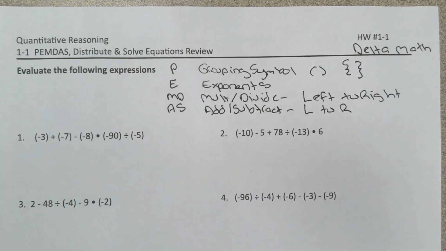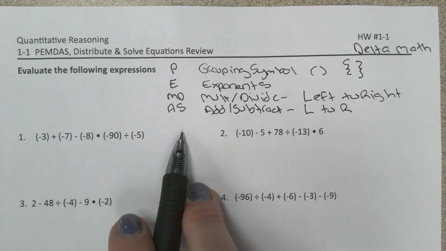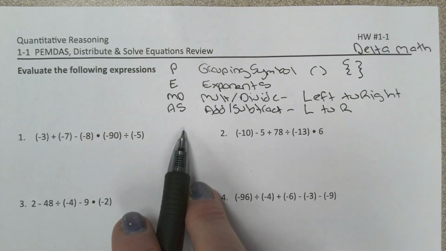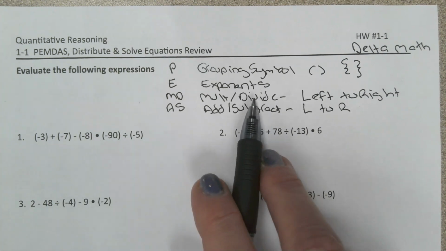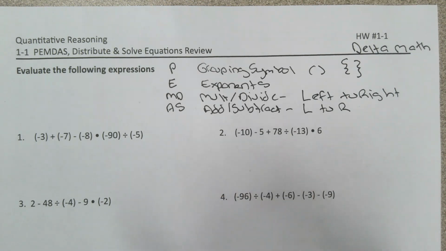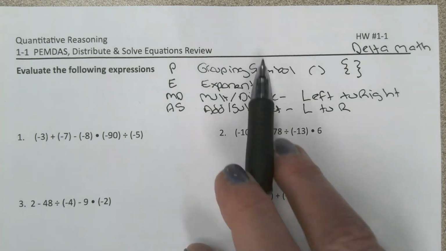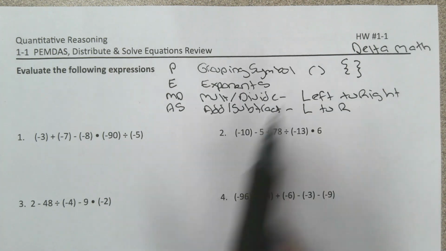So if we look at number 1, you cannot just simply do everything from left to right as it is here, because we have some multiplication and division, and as we see in PEMDAS, that has to be done before add, subtract. The other thing I would like to point out is a grouping symbol means that there are things inside of it.